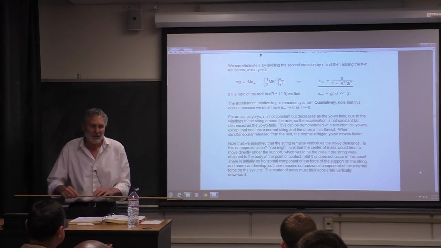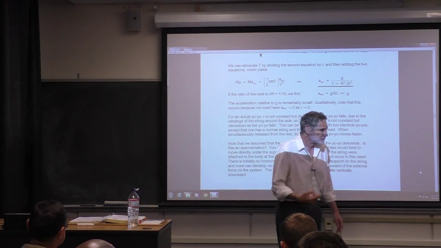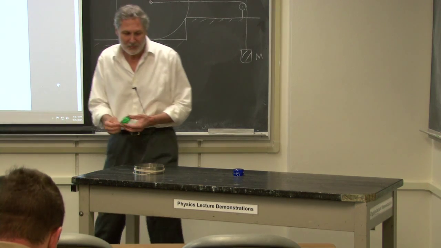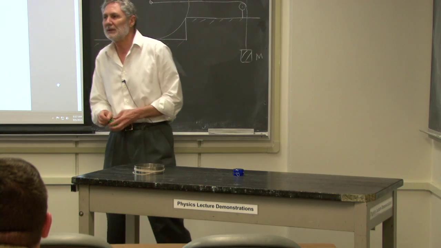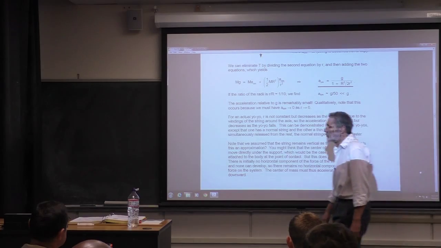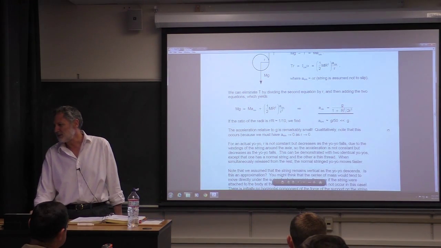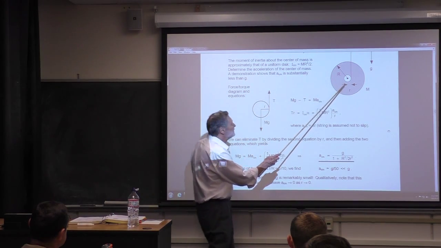It has to be less than g because there's this tension force here. But the acceleration is remarkably small, and you saw it was small here. That's interesting when you do this quantitatively. Why is it so small? How do we appreciate that? Look at the diagram here.